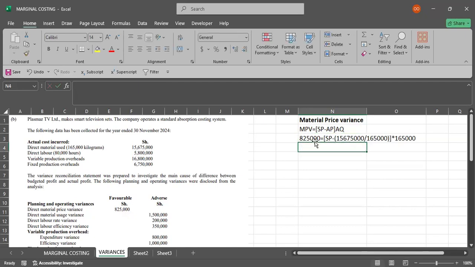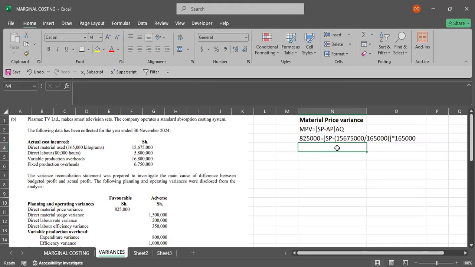Good. So let's deal with the first part. The unknown item is the standard price, so let's make standard price the subject of the formula. How do I make it the subject? I'll take what is outside the bracket and multiply by what is inside the bracket.